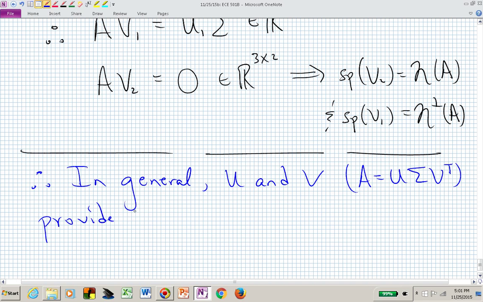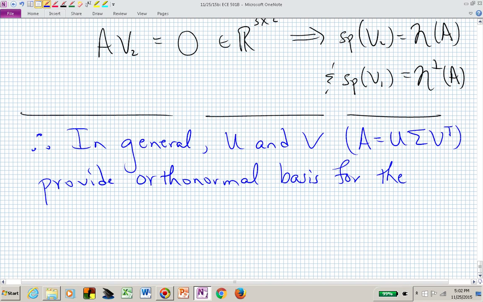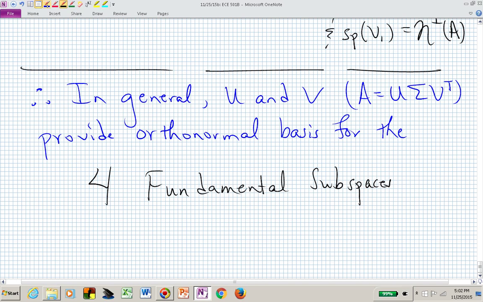they in fact provide orthonormal basis for the 4 fundamental subspaces of a matrix.